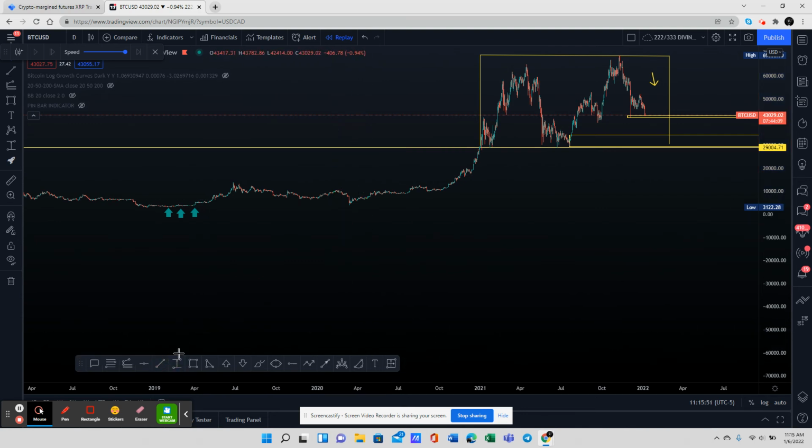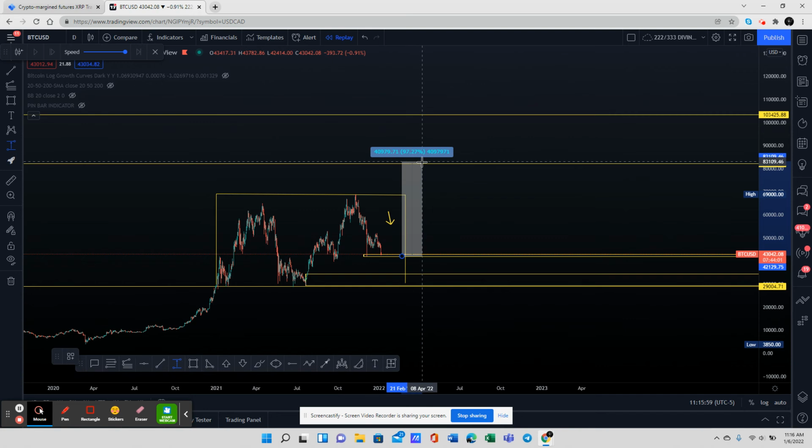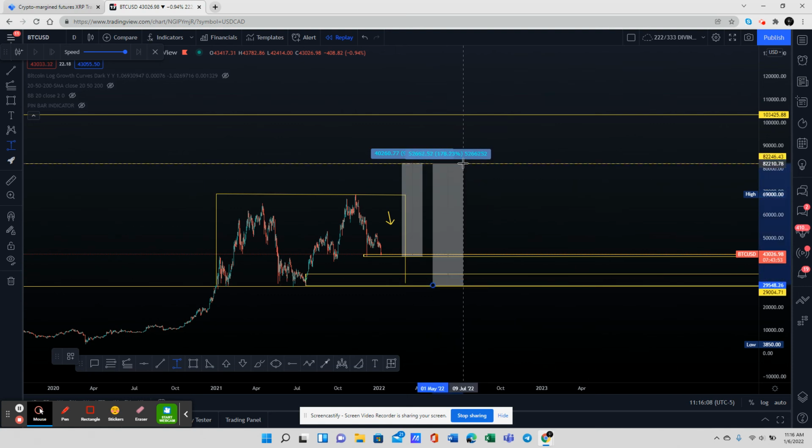At least the first level could be hit in 2022. Let's see where we are at these levels up to there, and that is nothing but a 95% gain. From here up to there, it's 178% gain.